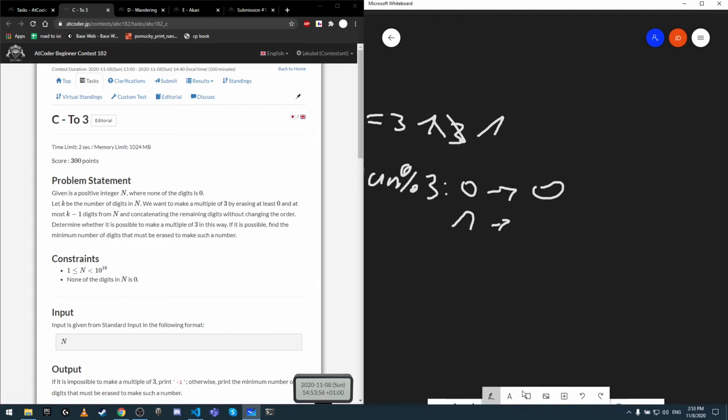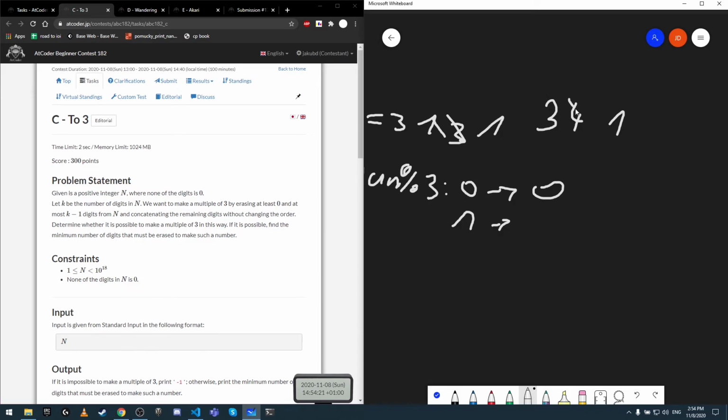So if it's 1, then what can you do? Well, if you have some digit that has parity 1, for example, let's say 3 and 4, now the parity of this thing is 1, but you can't erase 1 from here.